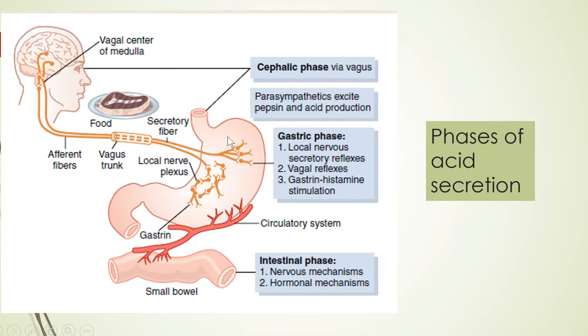When food enters into the stomach, acid secretion occurs because of the distension of the stomach wall itself. There are various nerves present here which sense that the food has entered into the stomach, and that signal goes again to the brain, and then vagal stimulation, and acid secretion is increased. So that is the gastric phase.